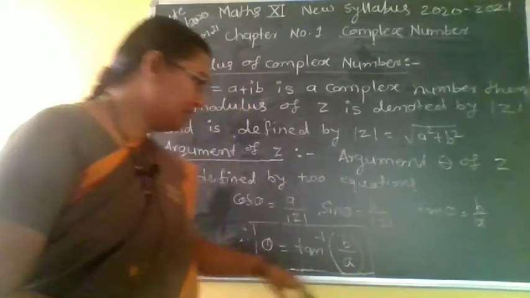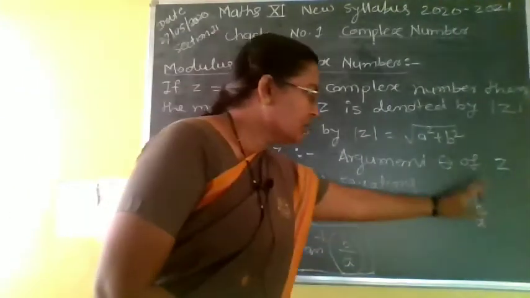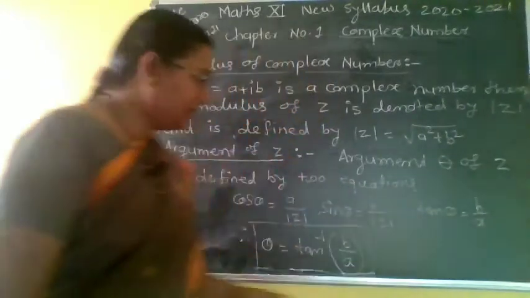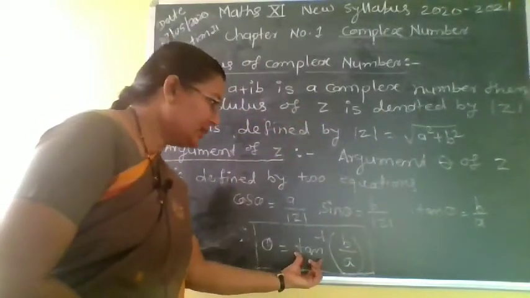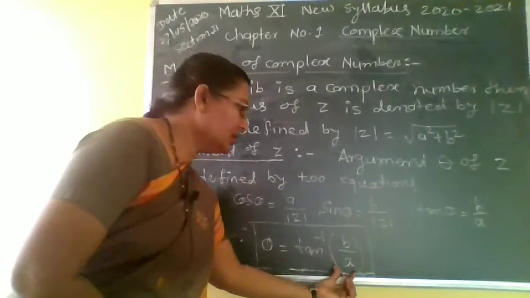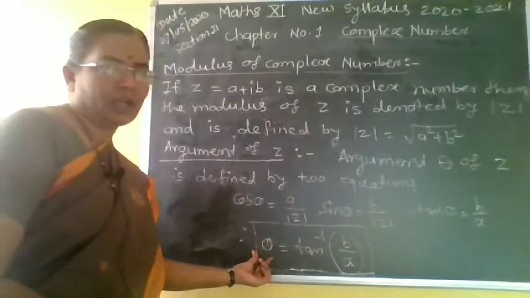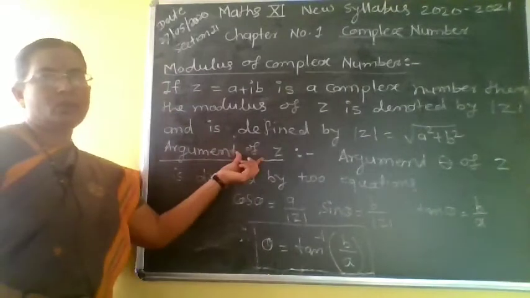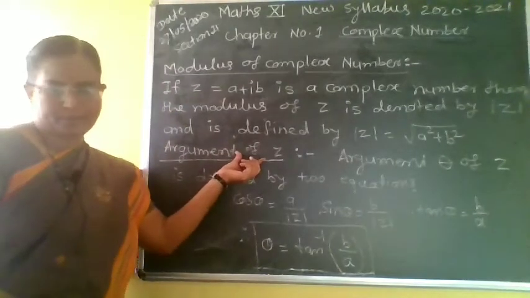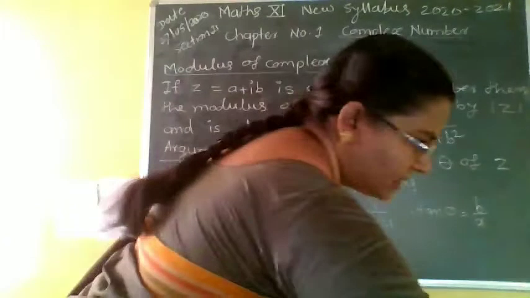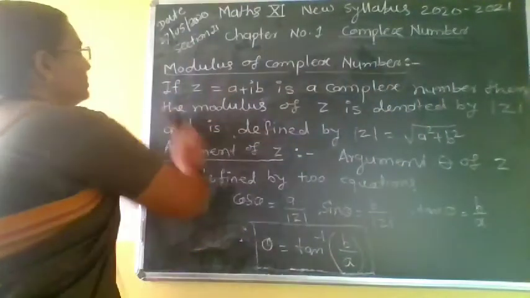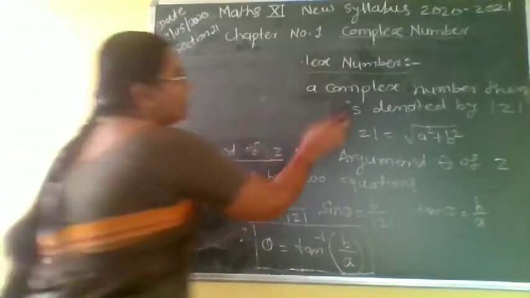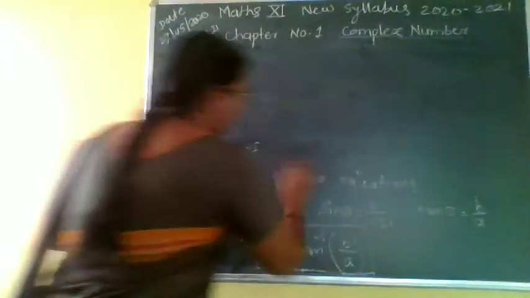But for the inverse, tan goes to the right side as tan inverse of b upon a. This is the value of theta. And what is theta? Theta is the argument of the complex number z. Clear, students?